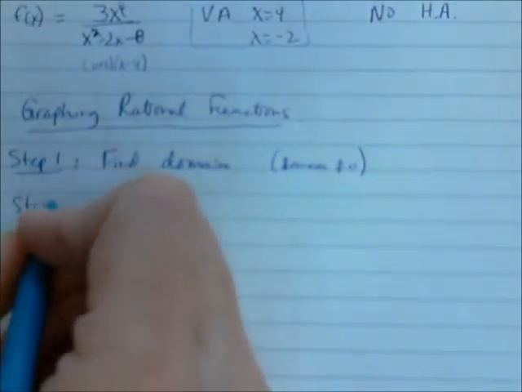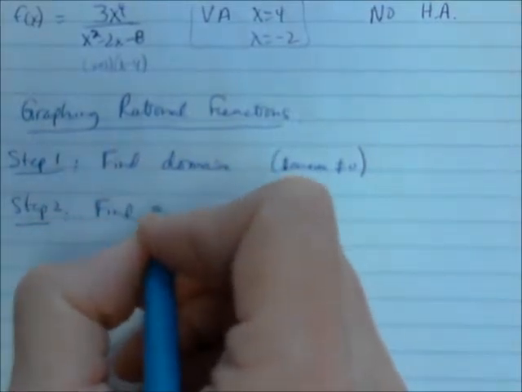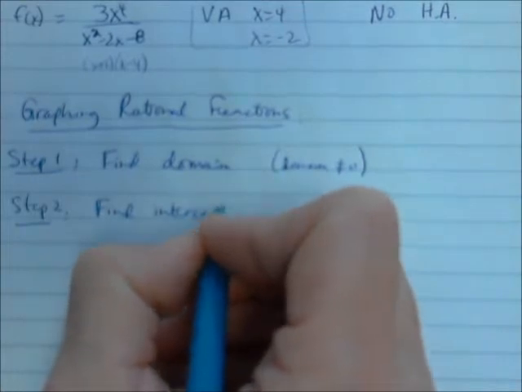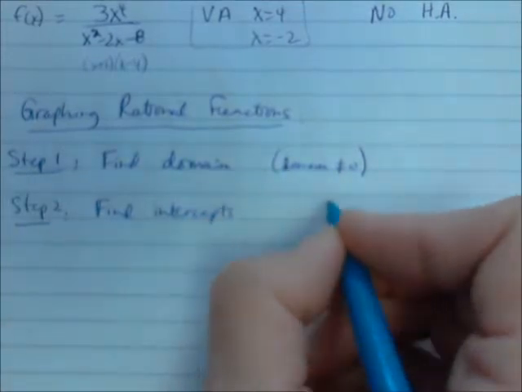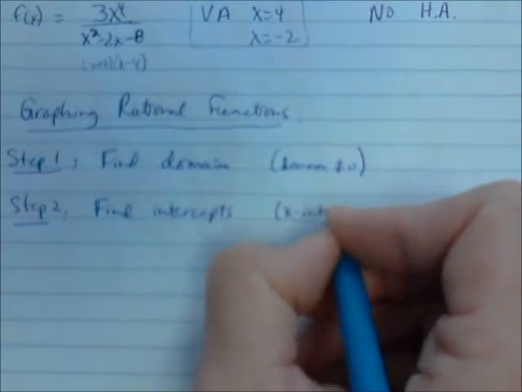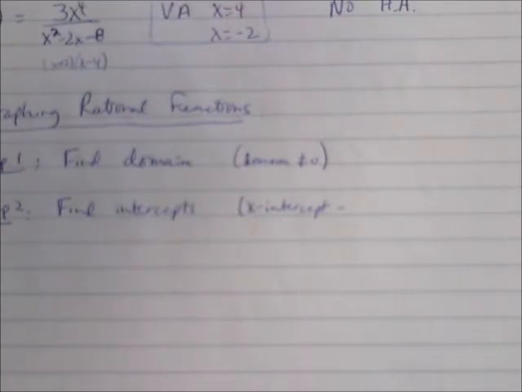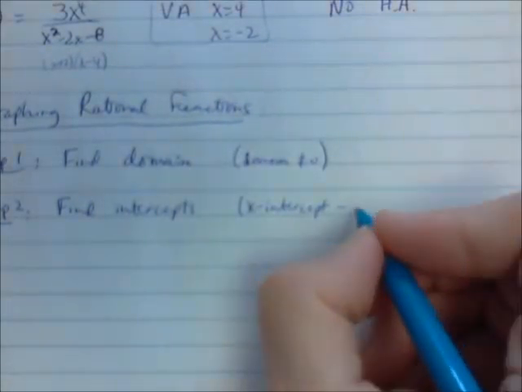In the second step, you're going to find the intercepts. And if you remember, the x-intercept is when y equals 0. And all you have to do with the x-intercept is set the numerator equal to 0 and solve for x.